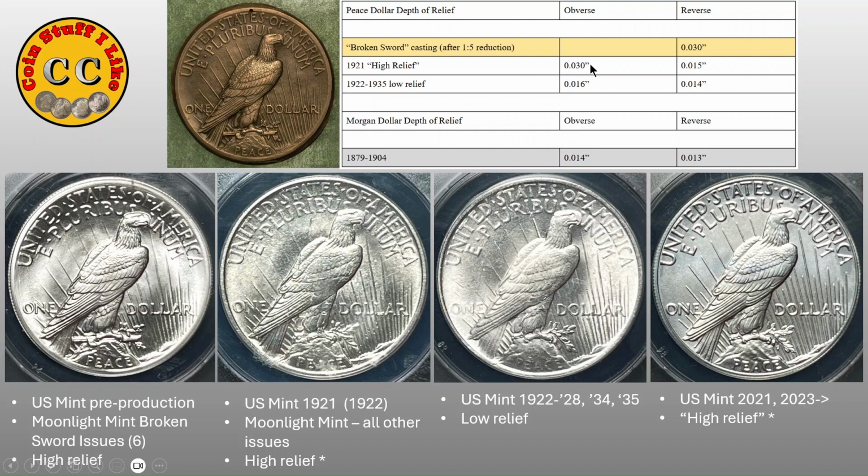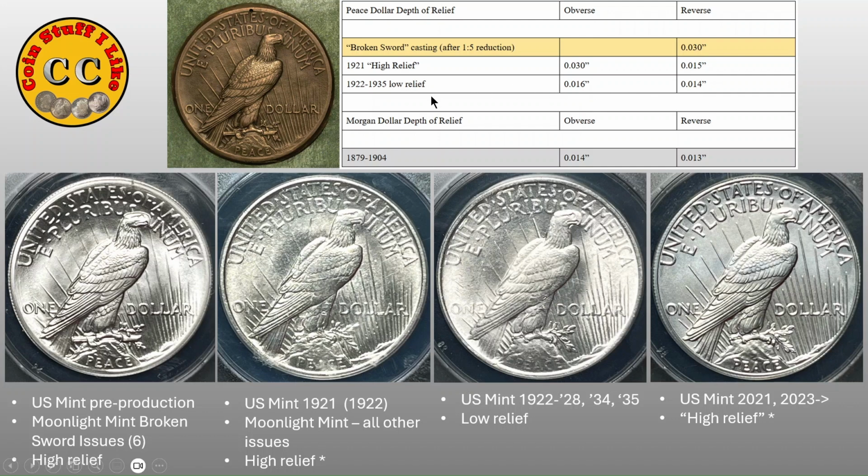So the high relief in 1921 had 31 thousandths of an inch relief on the obverse, 15 thousandths of an inch on the reverse. And when they went to low relief, you can see they reduced the relief on the obverse quite a bit, almost by 50%, and a little bit on the reverse as well.